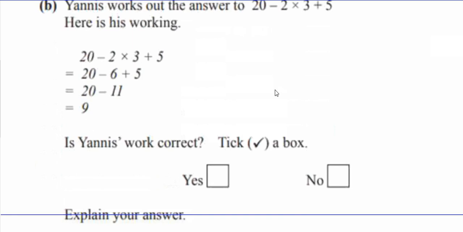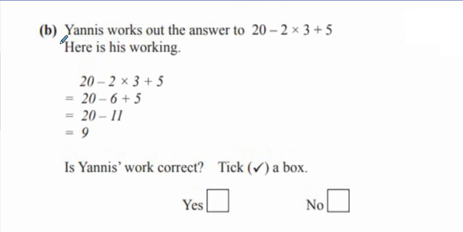Now we have another question which says Eunice works out the answer to 20 minus 2 times 3 plus 5. Here is her working.